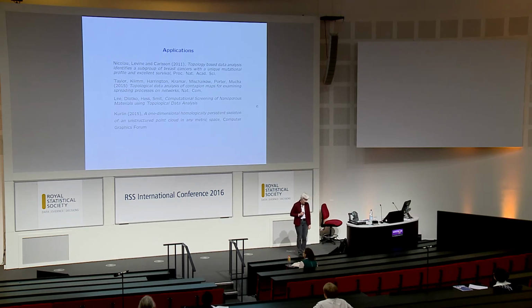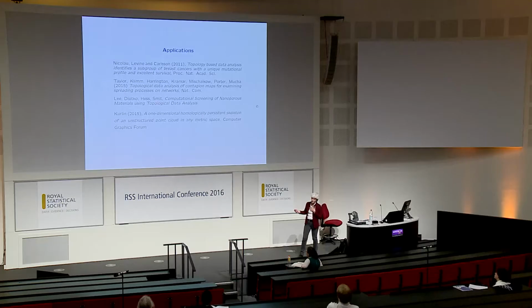breast cancer. The next one I just put up is my colleagues in Oxford have used topological data analysis in contagions on networks. And a very interesting, very new study is the third one, where they have looked at nanomaterials in particular.